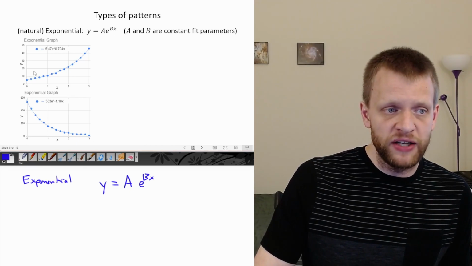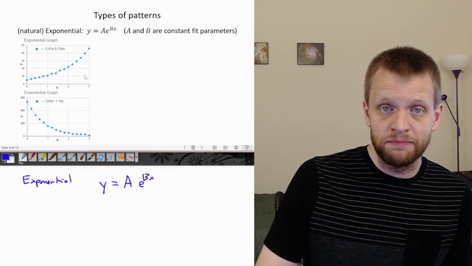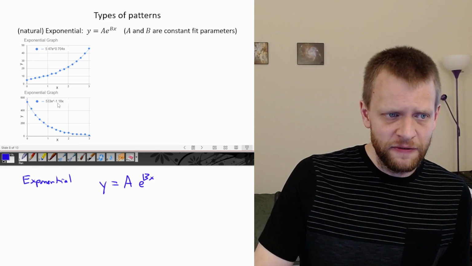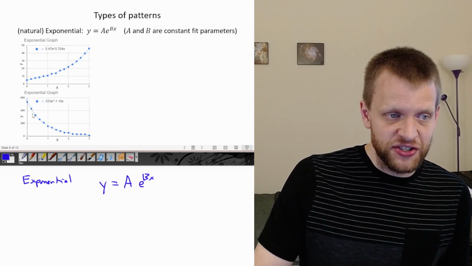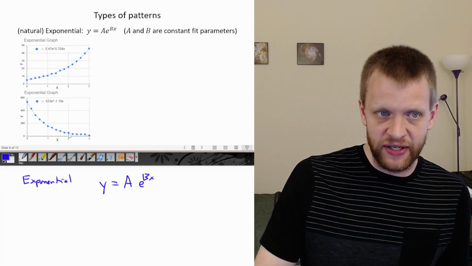If b is positive, well, as we increase the value of x, the value of y is going to be increasing exponentially. If that value of b is negative, then as x increases, our quantity y is going to be decreasing exponentially.